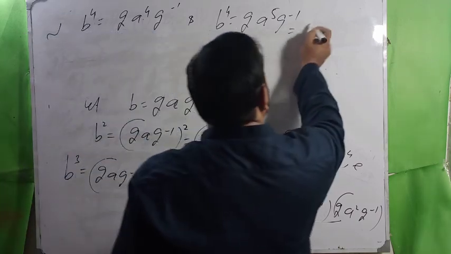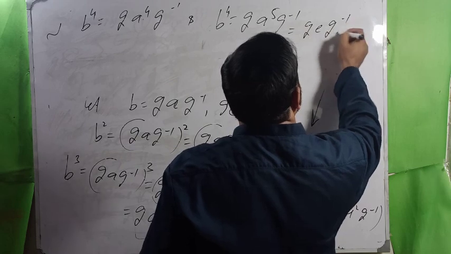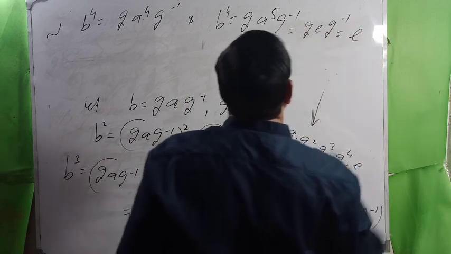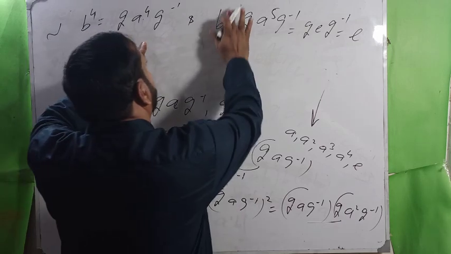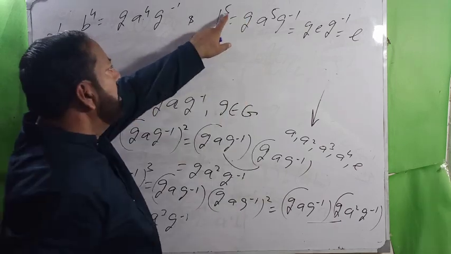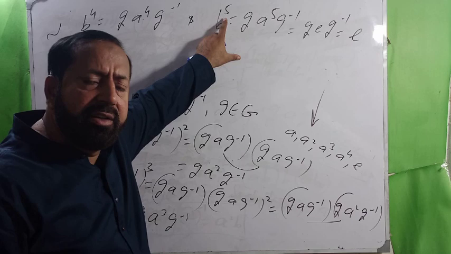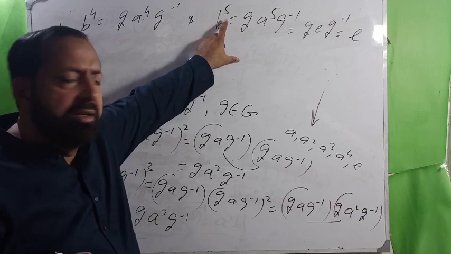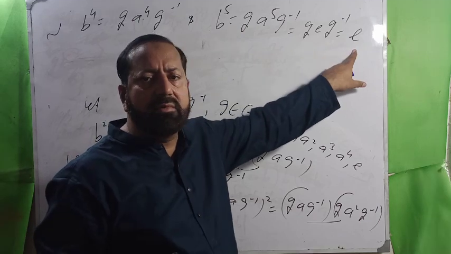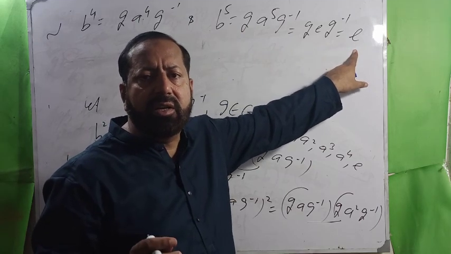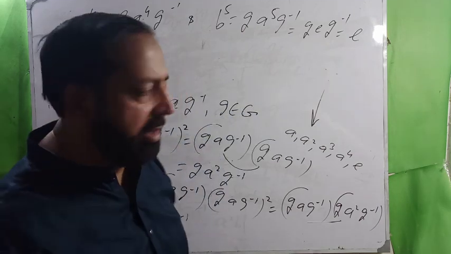So this is equal to G G inverse, this is identity, and so B^5 is E. And since 5 is the first integer for which B power 5 is equal to E, this means that the order of B is 5.